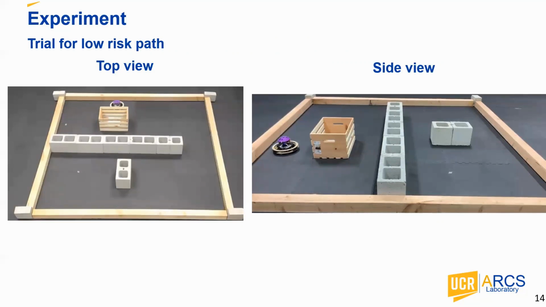This video shows a trial for a low-risk path. It chooses a longer path with a wider corridor. It also keeps a slow velocity compared to the previous strategies to make sure the robot stops at the frontier.